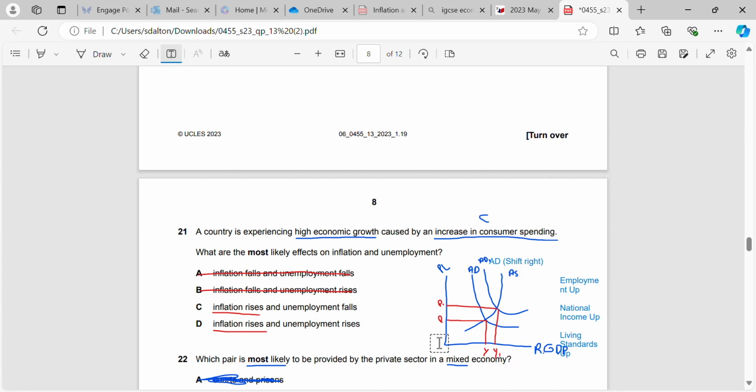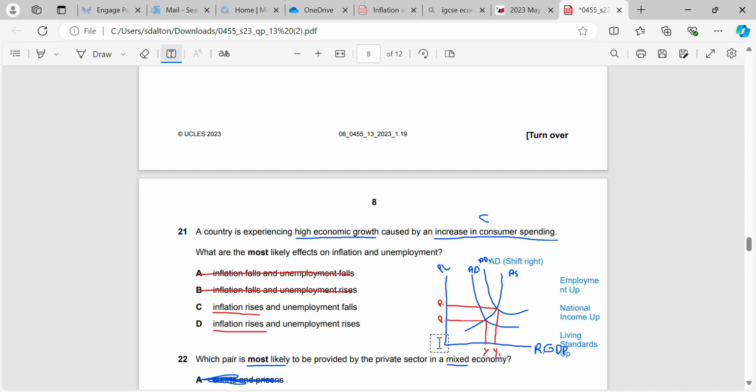So we're going to have more people working because output has risen. We're going to have therefore more people earning more money, so national income will rise. And if people are earning more money and more people have jobs, we can expect that they will enjoy a better standard of living. So housing, food, shelter, etc., the basic necessities, there'll be a better standard of living in general for the society.